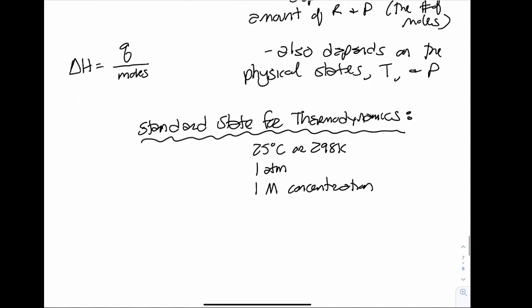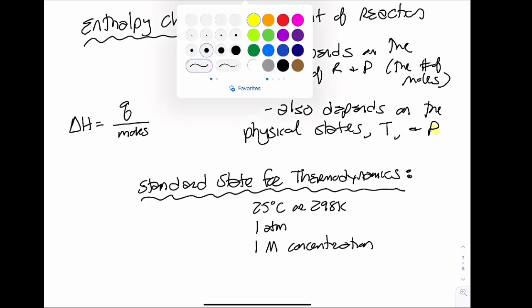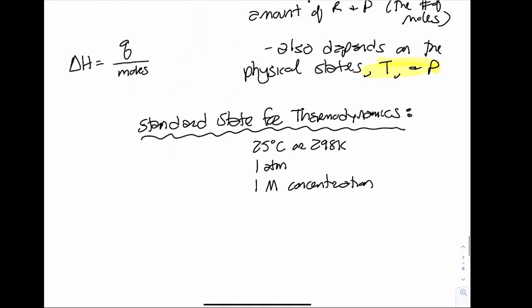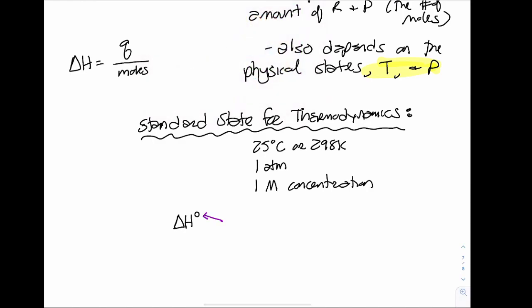It is important because remember, we just got done saying that my enthalpy does depend on my temperature and pressure. And the way that we would indicate that they were at standard state is we use a naught symbol. So if I write delta H and I put this symbol up here, this tells me that it's at standard state, that value was measured at these set of conditions.